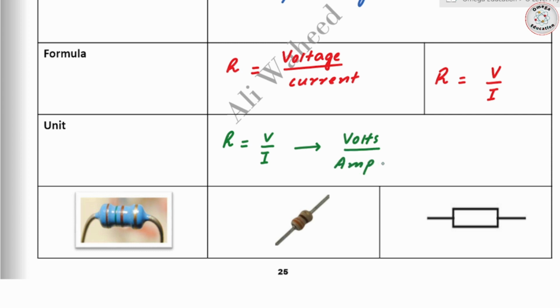So the unit of resistance would be volt per ampere, or V A^-1, because ampere was in the denominator. Now the same thing, volt per ampere, can also be written as ohm, which is represented by the symbol omega.